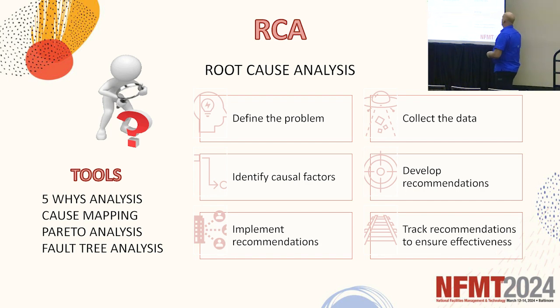A couple of tools that you can use for this are a 5 whys analysis. If you ask why 5 times, you should get down to the root cause. Very similarly with the cause mapping, like that tree map that I showed you, you look at that causal mapping and identify where the barrier occurred, and then get rid of those defects.